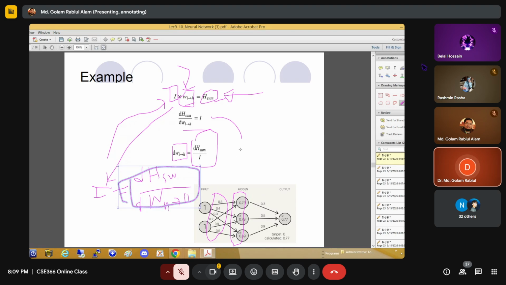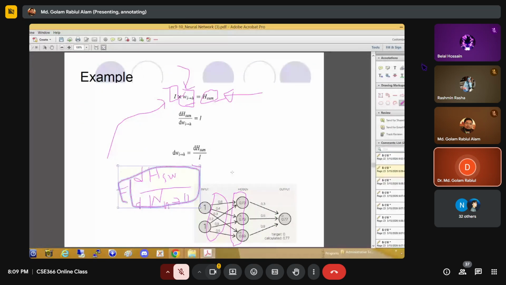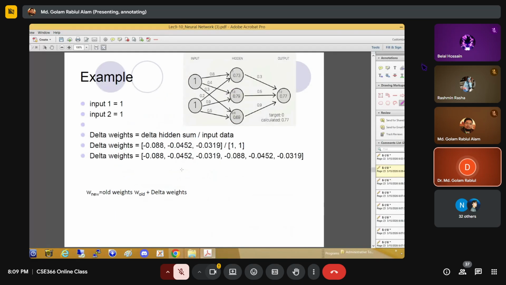Now we already calculated delta hidden sum. These are the values of delta hidden sum, and we know that I is our input. We have considered the input as 1 and 1. So now just put the values here. Delta weights equal delta hidden sum by input data.